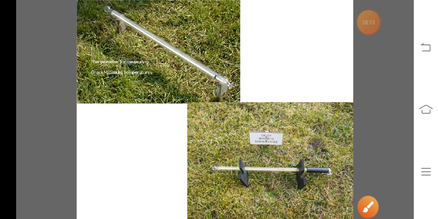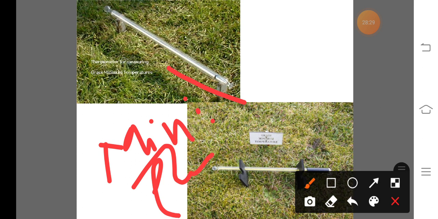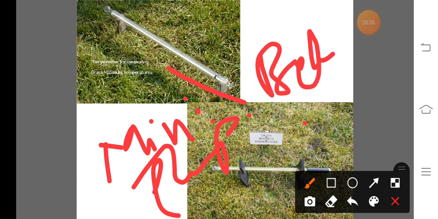Now the next instrument is the grass minimum thermometer. This grass minimum thermometer is used to record the minimum temperature of the grass, and the time of recording this minimum temperature is before sunrise.